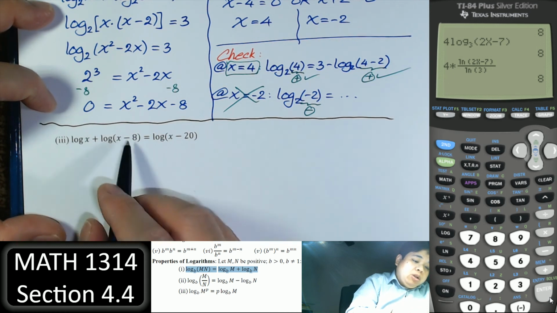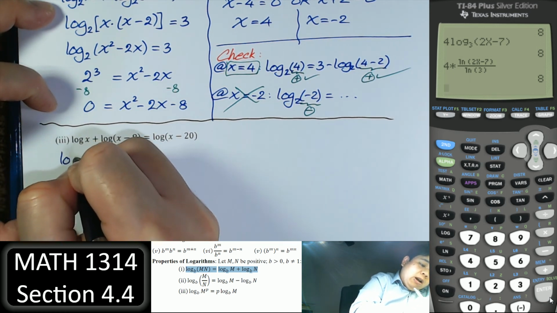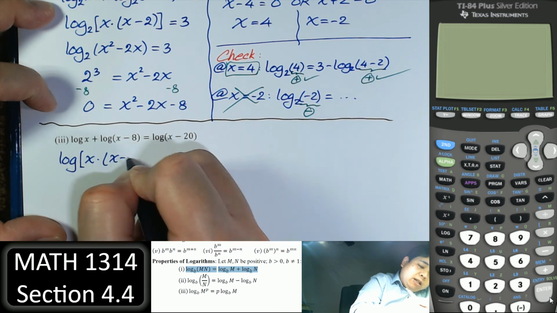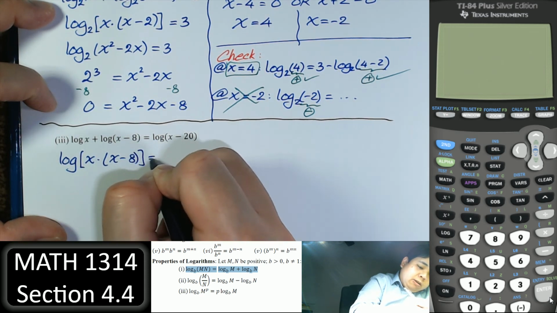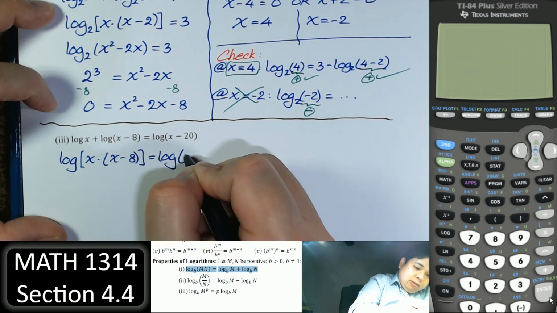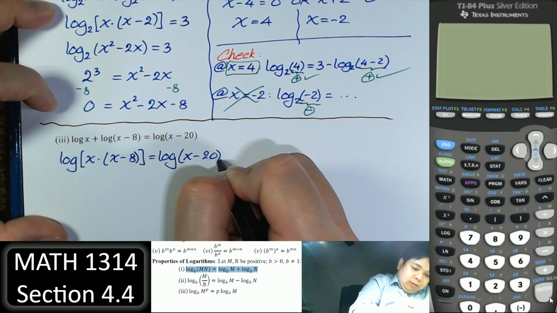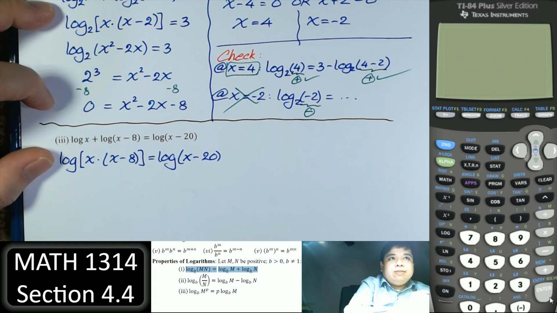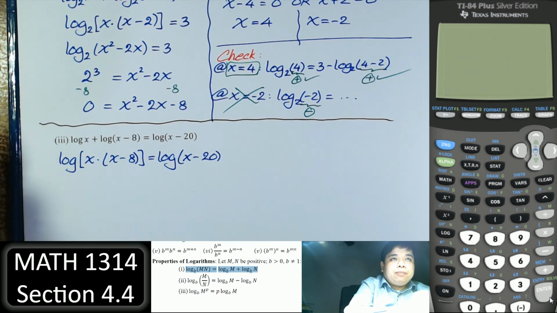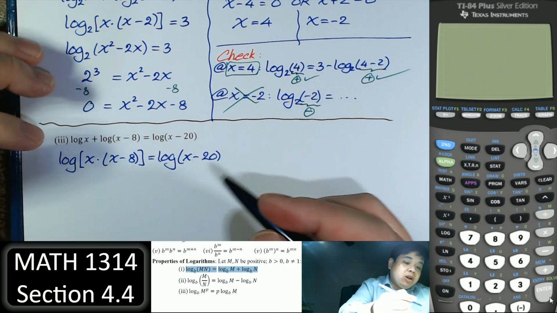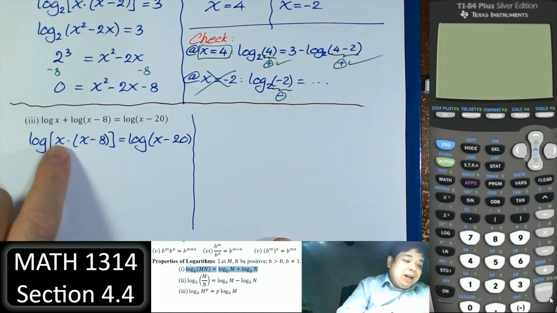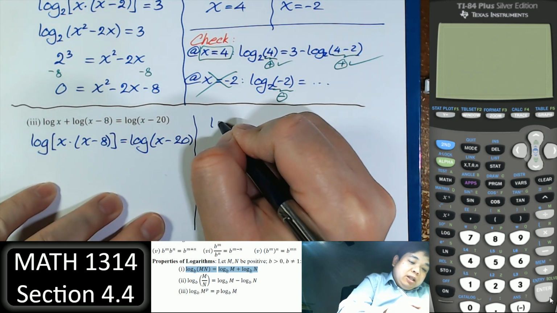So we certainly can combine them, and we say log, we have x times x minus 8, and then cancel out the log, the arguments are equal, right? So that certainly works. Of course I'm not going to do that, just going to show you another way.